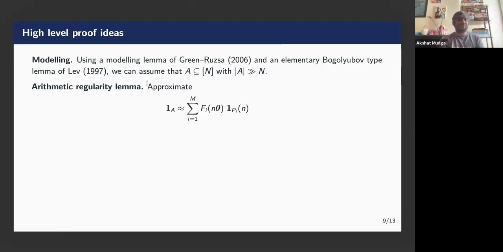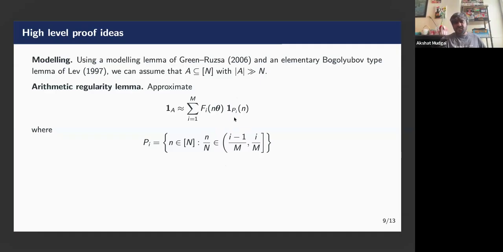So here's a toy version of what you should think of the regularity lemma as; obviously I'm lying here a lot. You partition 1 up to n into, let's say, m intervals, blocks of intervals. M you should think of as some sort of a large constant, but it's a constant. So n is growing, m is just some large constant.